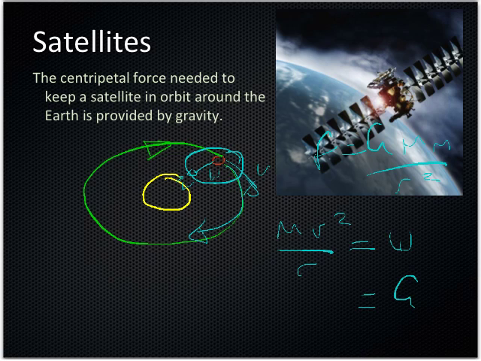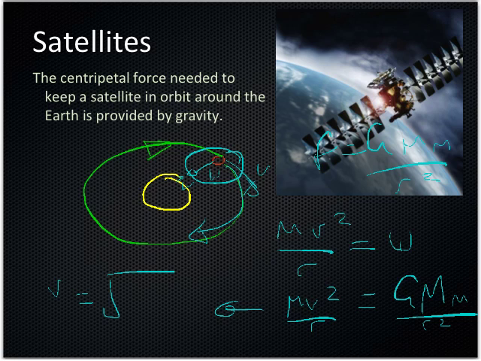So if we put that in here, G, m for the Earth, m for the satellite, divided by r squared, is equal to mv squared over r. Now you can simplify all that and solve it for v. So v equals the square root of Gm over r.